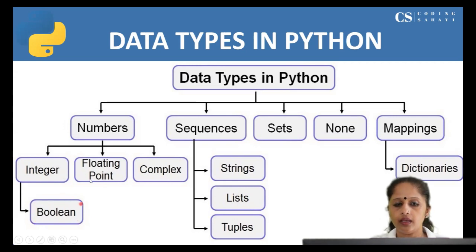So that is the number category, or number data types. Then we have sequences. Under sequences we have three types: strings, lists and tuples. Then we have sets, then none is there. Then under the mappings category we have dictionaries. So we are going to study all these data types in detail.